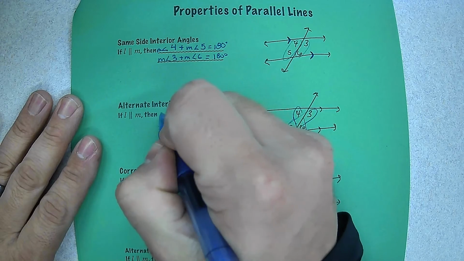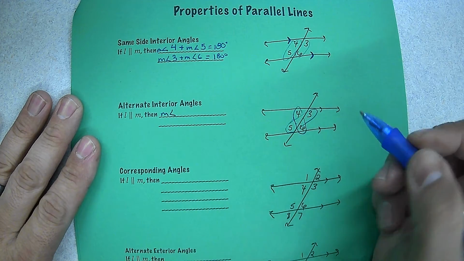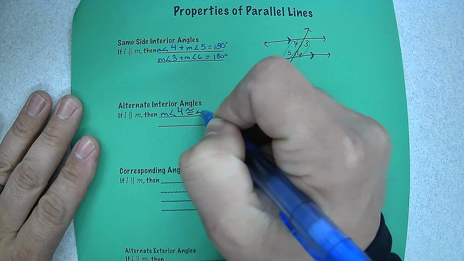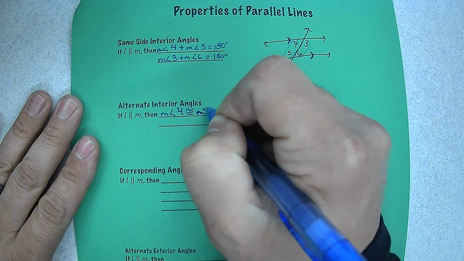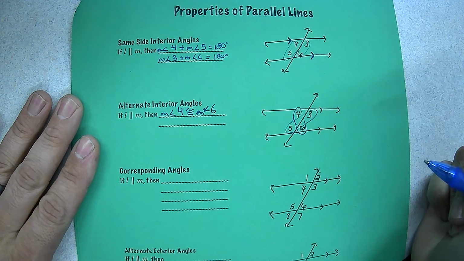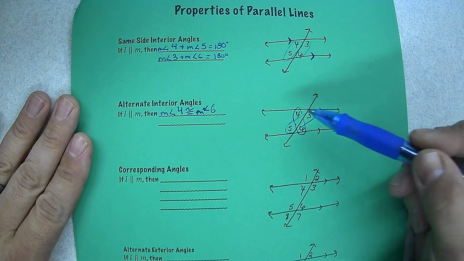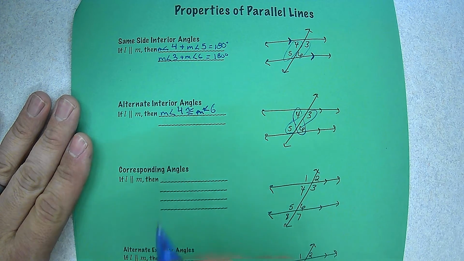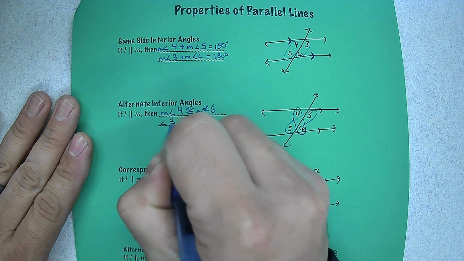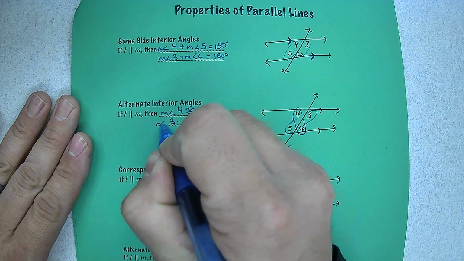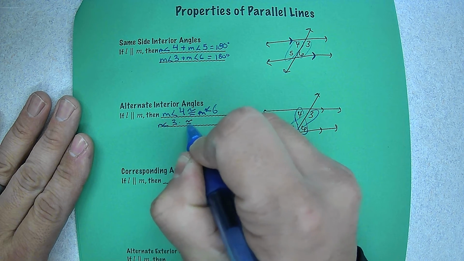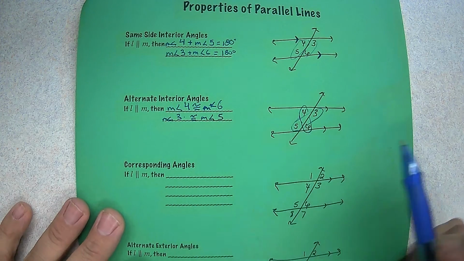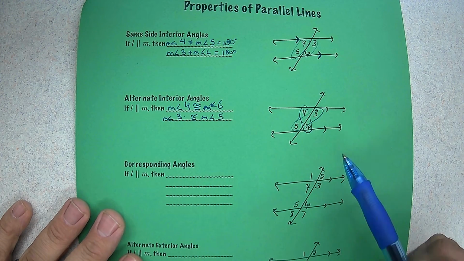So we would say the measure of angle 4 is congruent to the measure of angle 6. If this is 75 degrees, this is 75 degrees. Same thing happens for the measure of angle 3, which is congruent to the measure of angle 5. Those are always the same.